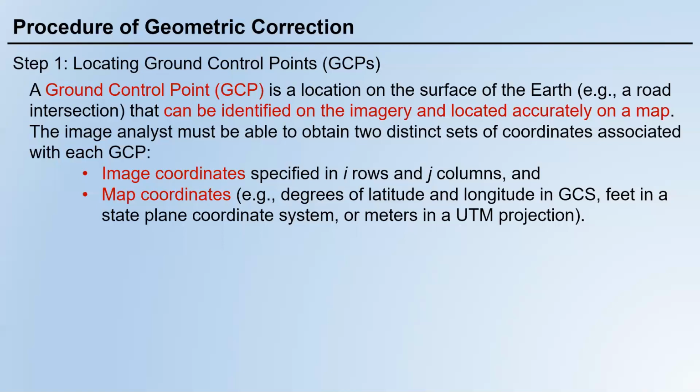So the image analyst must be able to obtain two distinct sets of coordinates associated with each GCP. Okay, so image coordinates are specified in a row number and column number, and also map coordinates, in general, latitude and longitude.